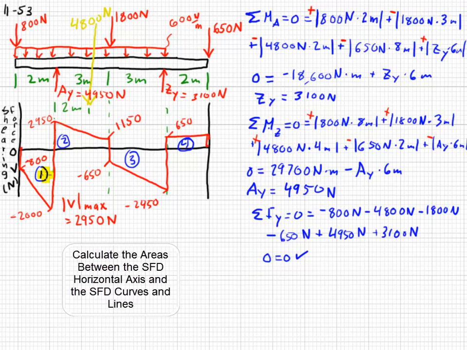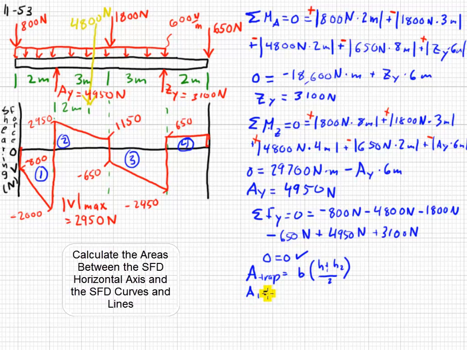Now remember that the area for a trapezoid is equal to, in this case we've got two different heights. So we've got a base times height 1 plus height 2 over 2, essentially the average of the two heights.